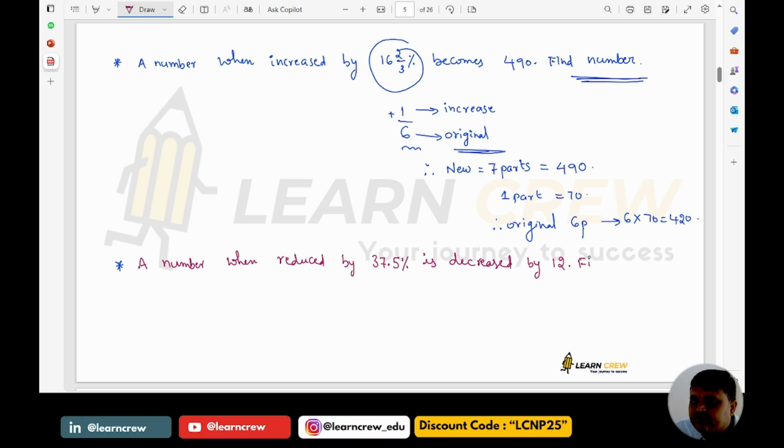Find the resultant number. Find the resultant number.